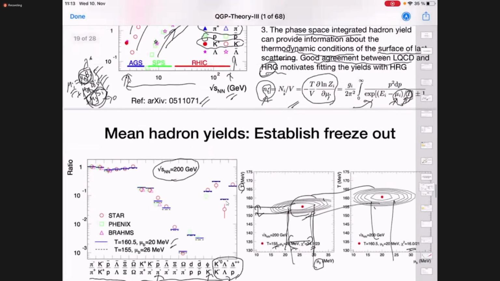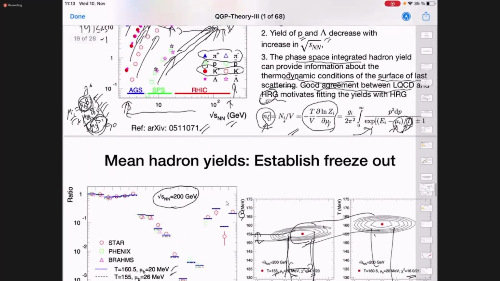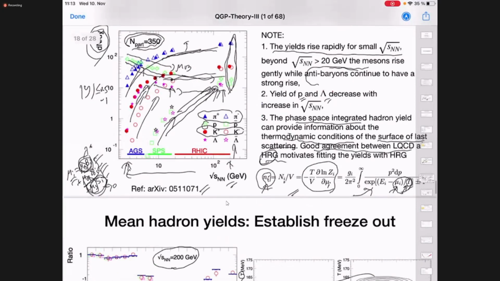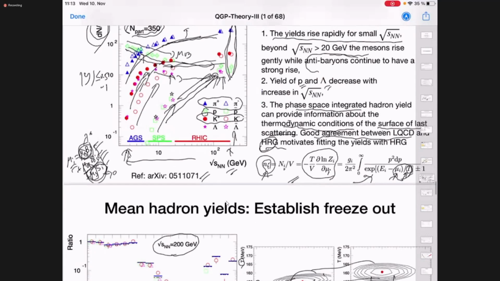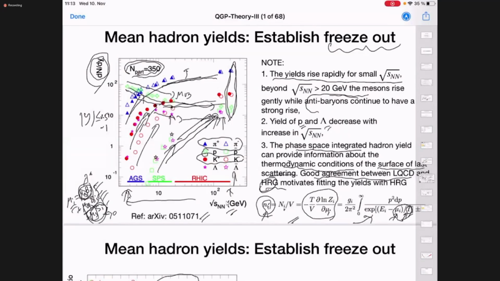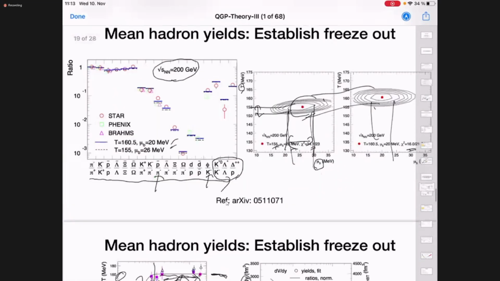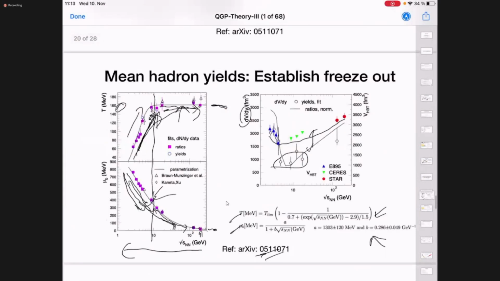Of course it's a fit, so I'm not saying it's because of this that it is happening. But this is how, within the framework of the HRG model, we can understand the variation of the yields. It's the variation of the thermodynamic state at the chemical freeze-out.